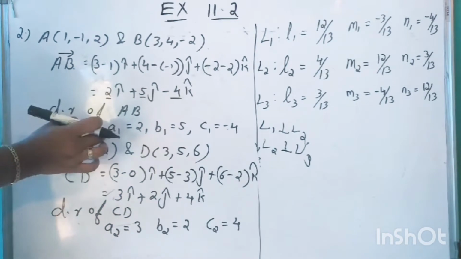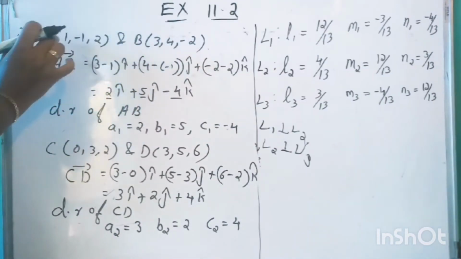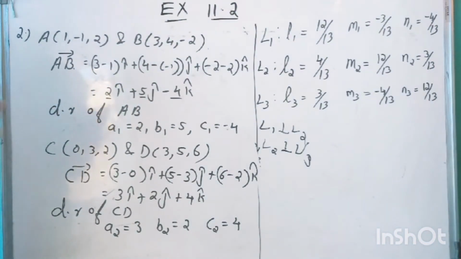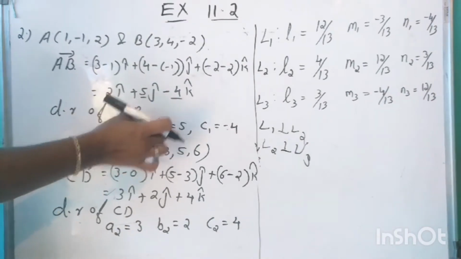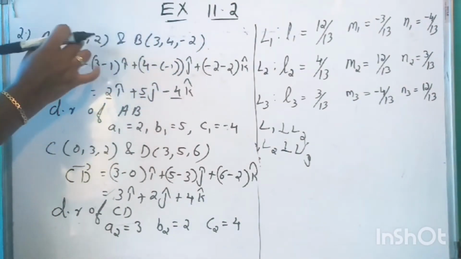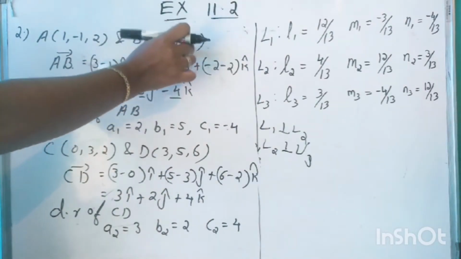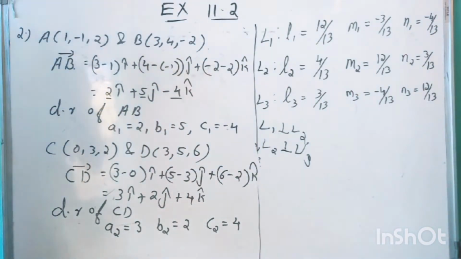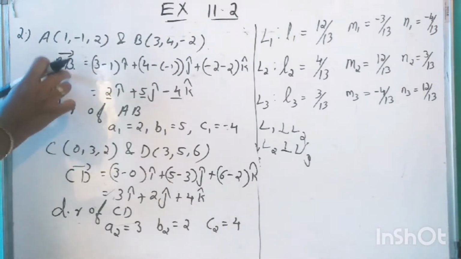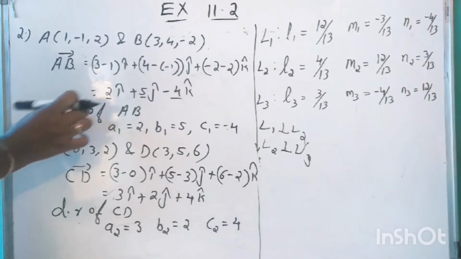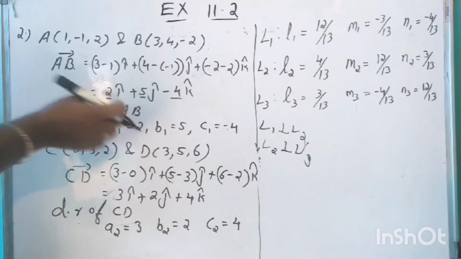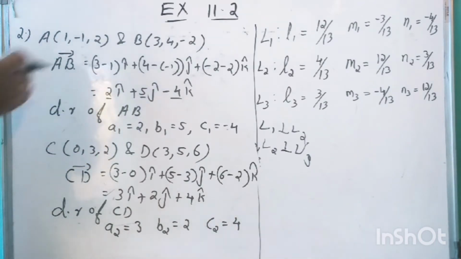That is, A1 is the x coordinate of B minus the x coordinate of A. B1 is the y coordinate of B minus the y coordinate of A. And C1 is the z coordinate of B minus the z coordinate of A. That is also possible. Instead of writing the AB vector, you can directly write the direction ratios of the line AB, just subtract the corresponding components.